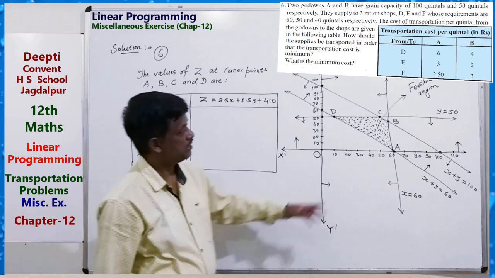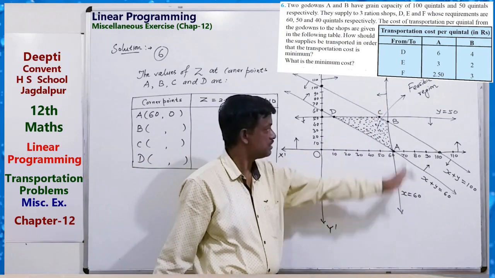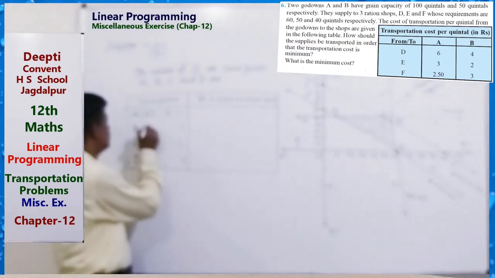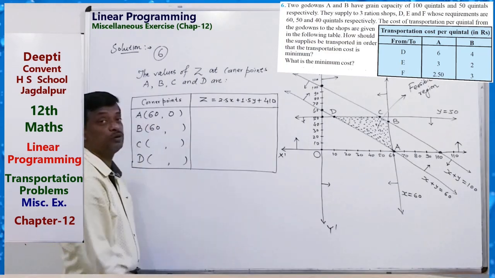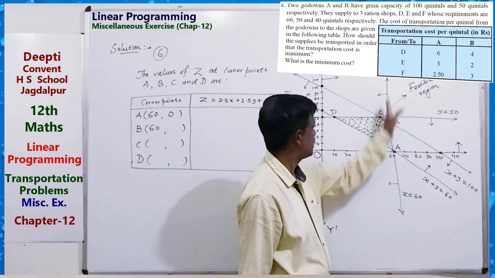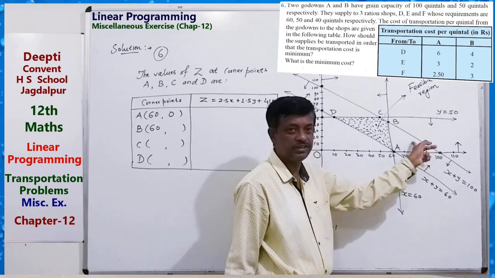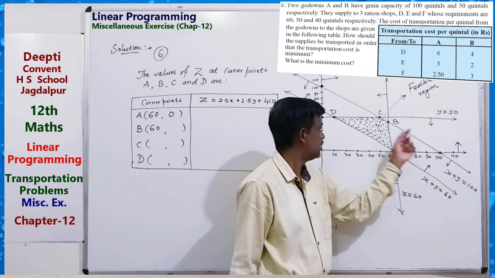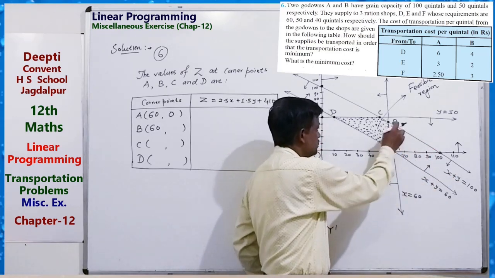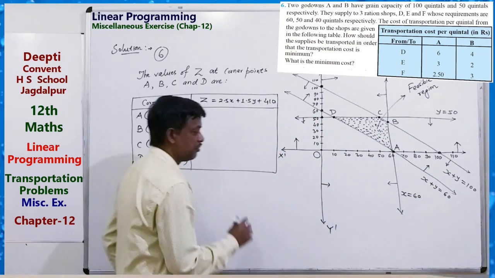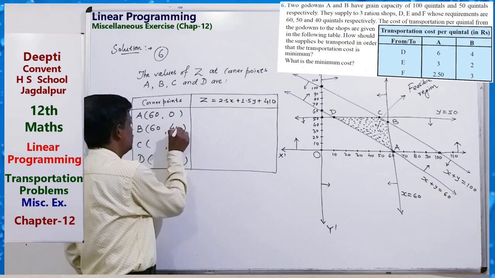B is the intersection of x equal to 60 and x plus y equal to 100. Here x is 60 and y equals 40. So B is 60, 40.